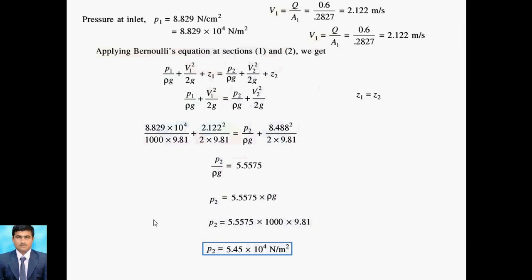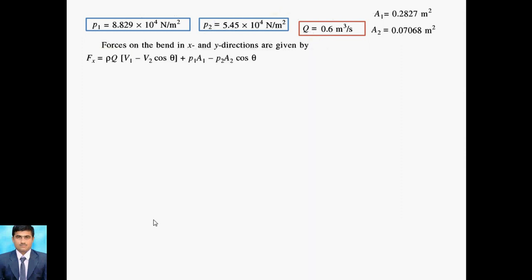So after finding out P1, P2, V1, V2 and A1, A2, we know that relation, that is Fx. After that, putting the value of rho, that is 1000, Q is 0.6 already known to you, V1 is also known, that is 2.12, minus V2 which is 8.488, cos theta where theta is 45, plus P1 already calculated, that is 8.829 times 10 raised to 4 into A1.